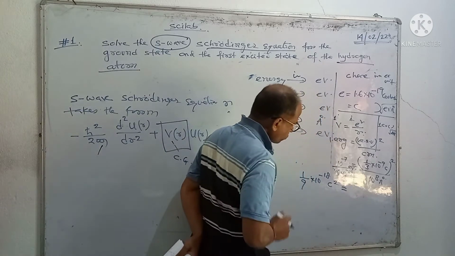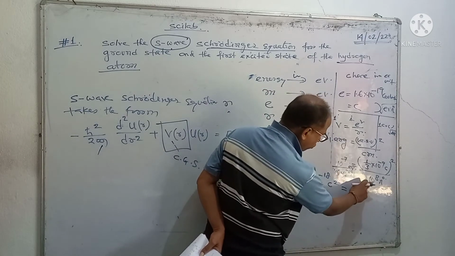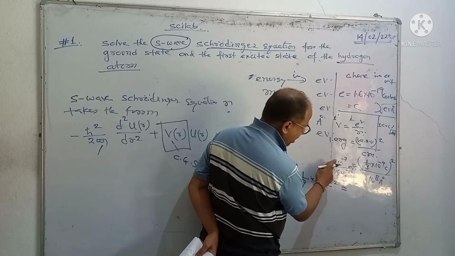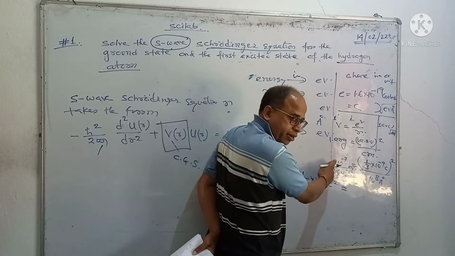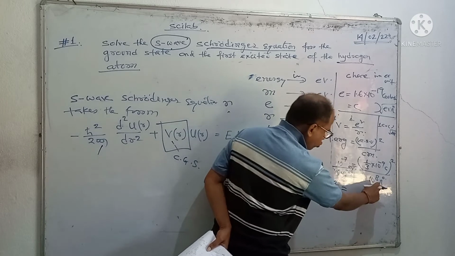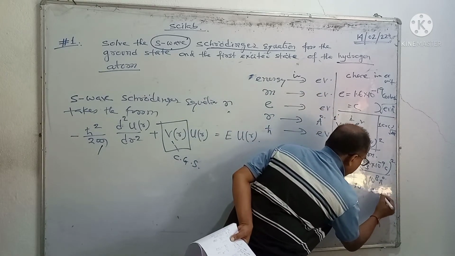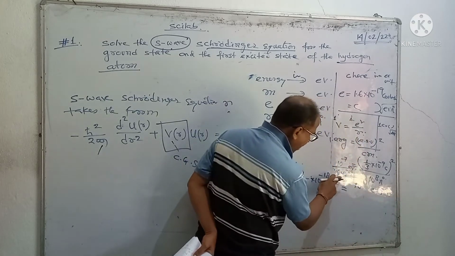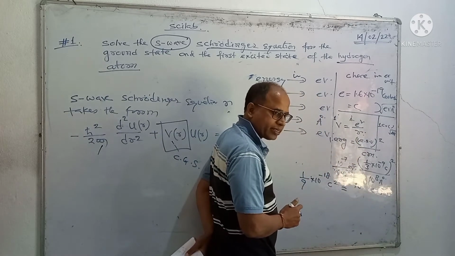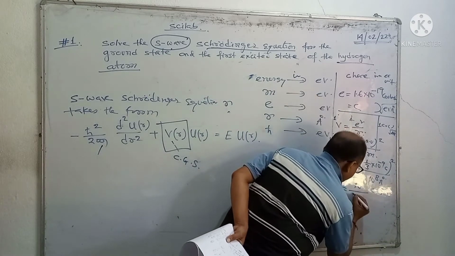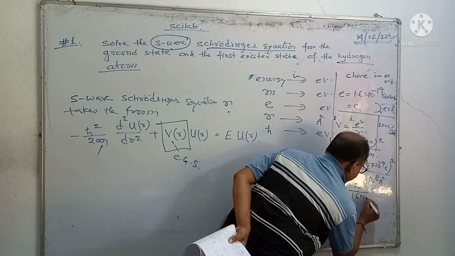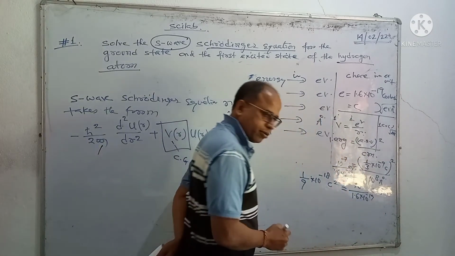Equal to, here 10 to the power 8 into 10 to the power minus 7 means 10. Here angstrom, here electron volt. That is 10 electron volt angstrom by 1.6 into 10 to the power minus 19.